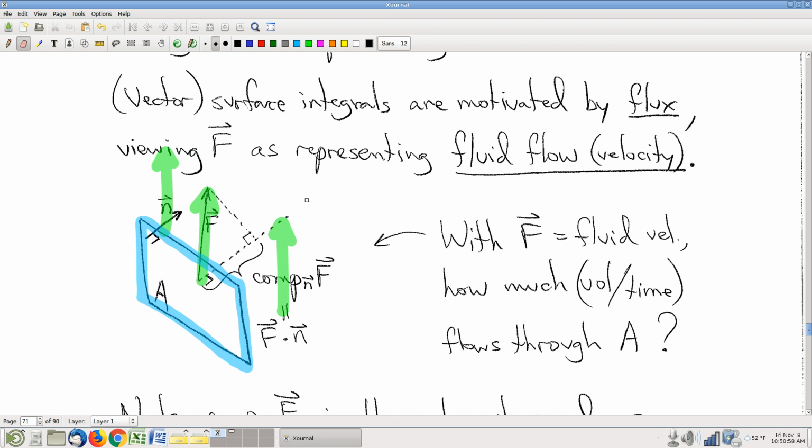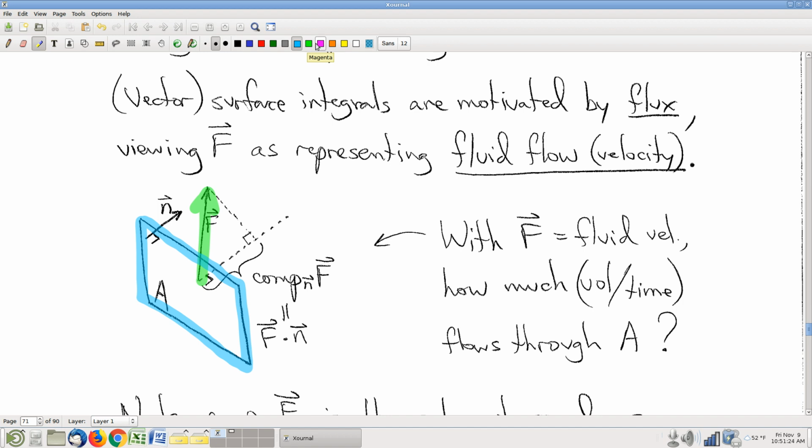If you're interested in how much fluid is going through, then I don't really care how fast. Right? I mean, if I take this surface and turn it to the side, there's no fluid going through the surface, right? And here I guess I can just do it with my hand. No air is going through my hand.